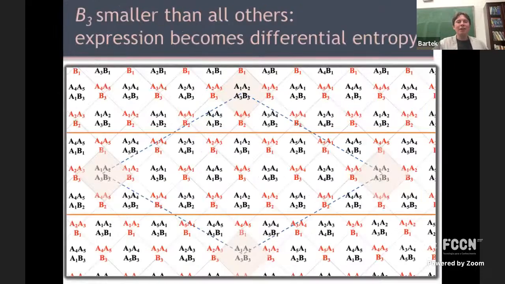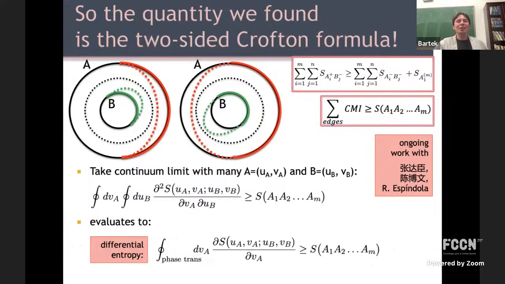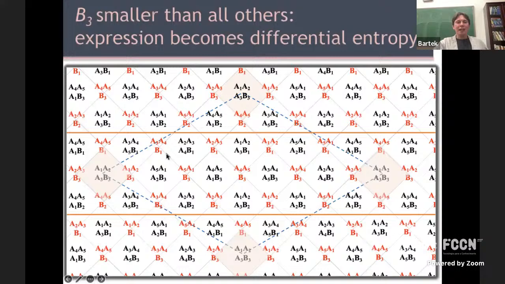And therefore, this is just the two-sided Crofton formula that we wanted. It's a two-sided integral that when you evaluate it, it computes a differential entropy for us. So success.